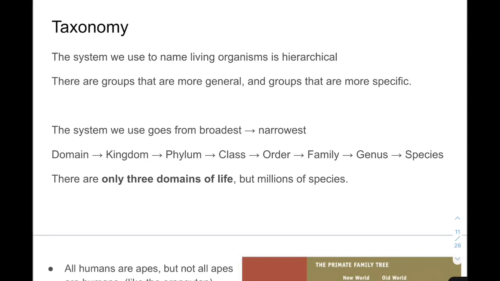Naming things in biology is a major deal. It's a whole field. Taxonomy is the science of splitting things into groups called taxa. Taxa is plural, and taxon is singular, and taxon means just a group.